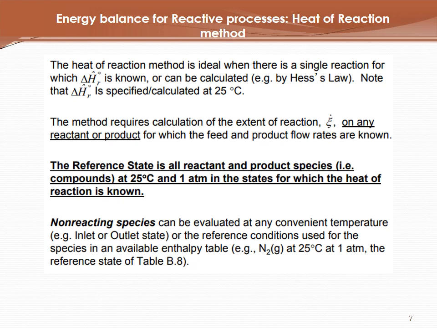For example, if you have nitrogen, you can use 25 degrees Celsius and 1 atmosphere. This is because the tabulated data in table B8, which is given at the back of the book, for nitrogen are given at 25 degrees Celsius and 1 atmosphere. So if you choose this as the reference, then you can easily calculate the enthalpy for nitrogen at any temperature and pressure from the table.